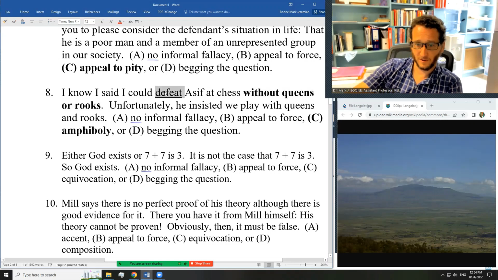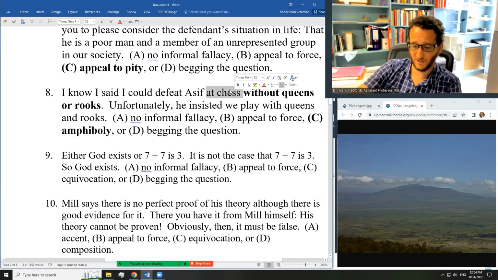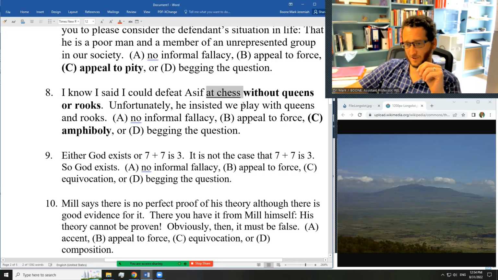I could defeat him without queen or rooks, meaning I could defeat him without using my own queens or rooks. But the concluding sentence seems to take without queen or rooks to refer to a particular kind of chess minus the queens or rooks. So you can make a decent case it's an amphibole.